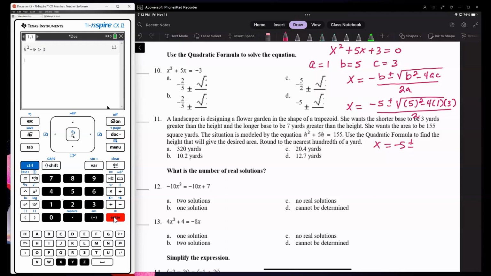So you get 13. So that means there's two real solutions divided by 2. Of course, you can't see the answer there, but I think the answer will be either C or D. I don't know the answer, but that's it.